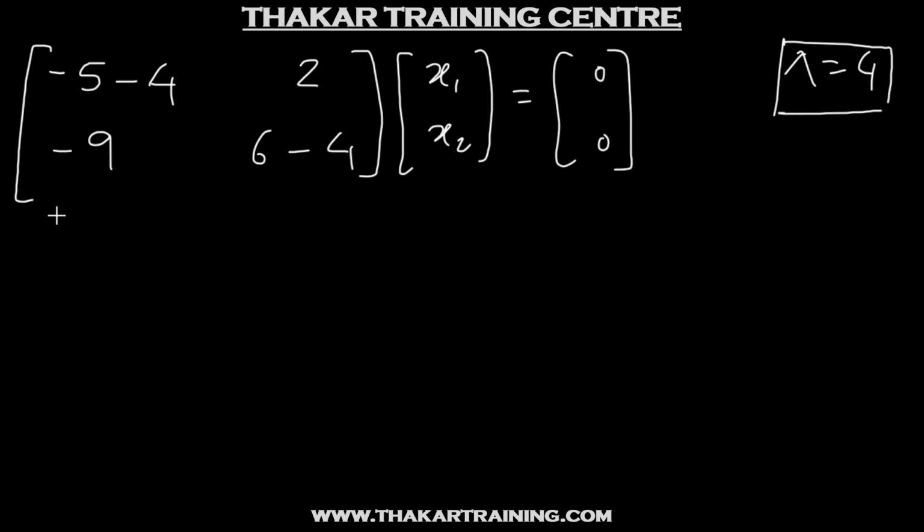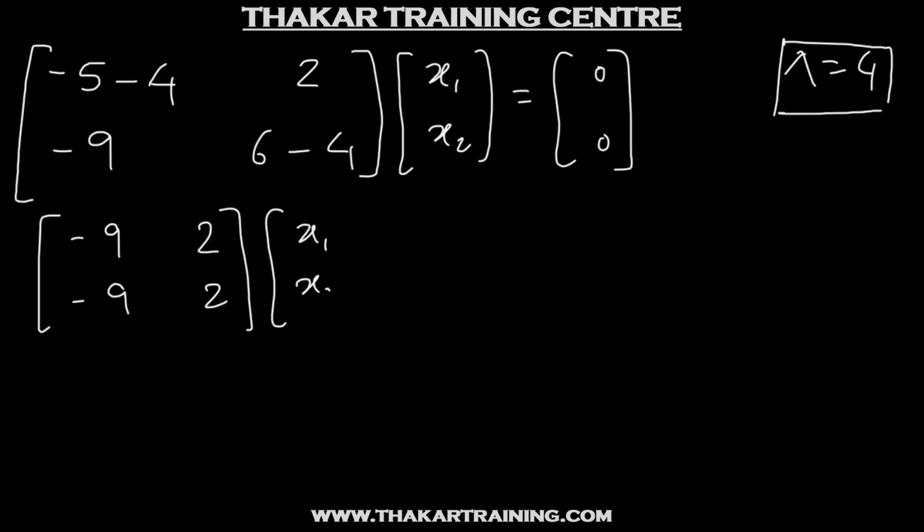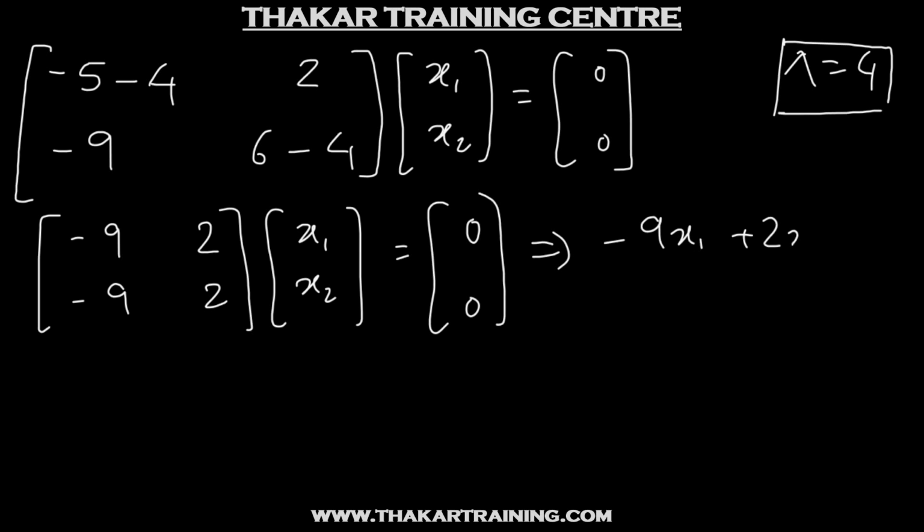So this is minus 9, 2, minus 9, 2, times x1, x2 equal to 0, 0. So we end up with an equation that is minus 9x1 plus 2x2 equal to 0, or 9x1 equal to 2x2.